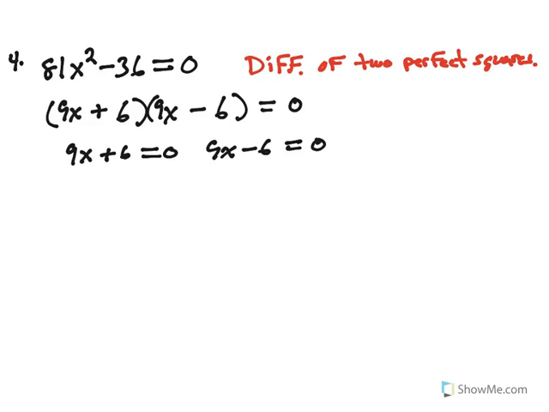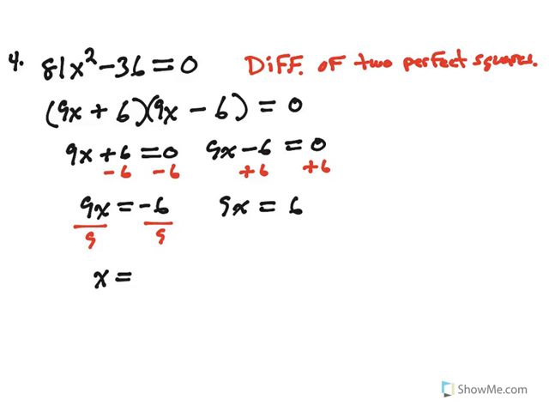And start solving, okay? So if I subtract 6 on this side, I get 9x equals minus 6. Add 6 to this side, I get 9x equals 6. Okay? Then I'm going to divide both sides by 9.